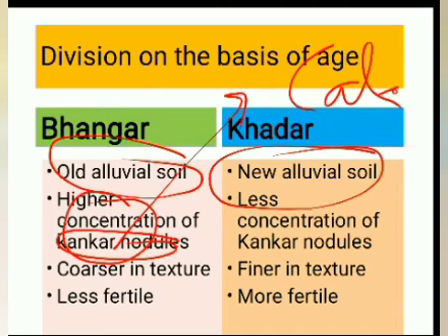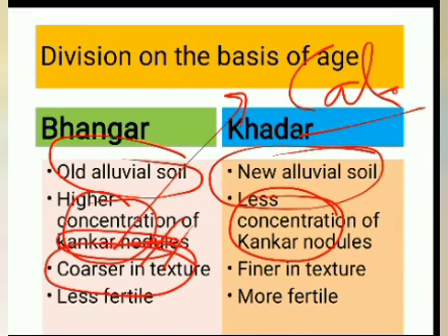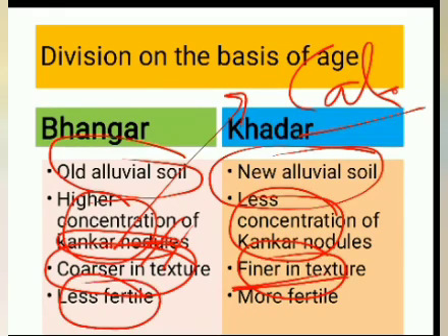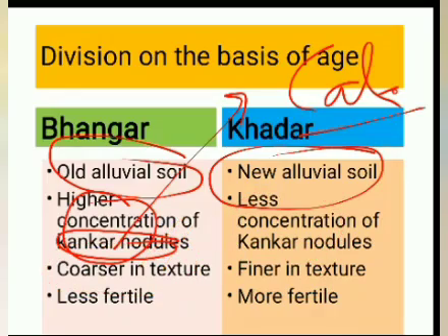Since it has a high concentration, it is coarser in texture, which means low water retention capacity and porous in nature, while Khadar is finer in texture. Bhangar is less fertile and Khadar is more fertile. So this was about the difference between Khadar and Bhangar.